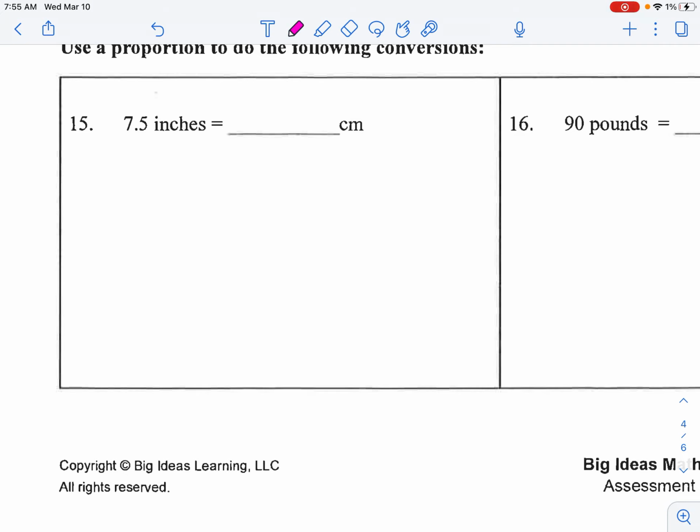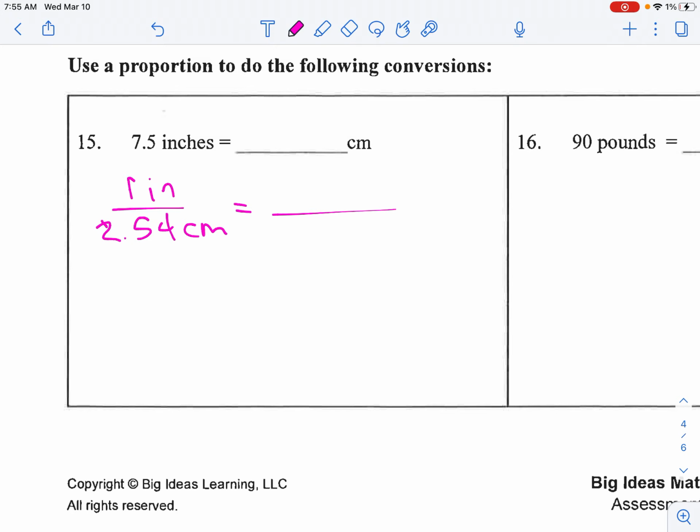So the pink sheet says that 1 inch is to 2.54 centimeters, as 7.5 inches is to x number of centimeters. So that's the first step. We just wrote a proportion. Now we're going to do cross products to come up with our one-step equation.